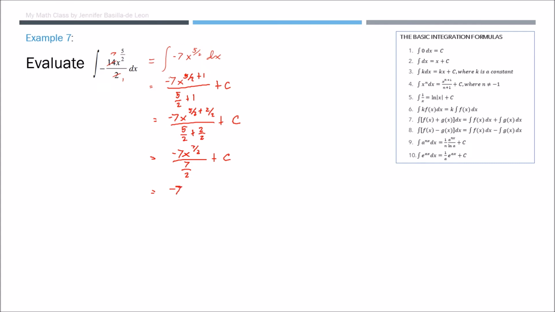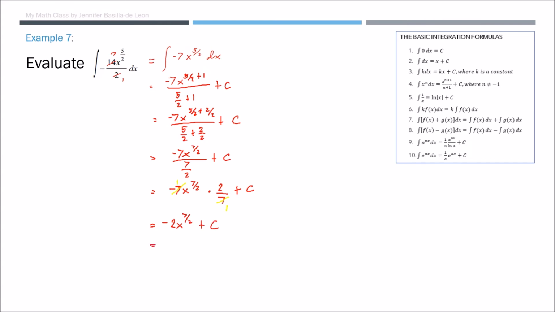Simplifying further, we will have 2 multiply and then get the reciprocal of the divisor. So then we can cancel 7. So this is 1 and this is also 1. So what remains is negative 2x raised to 7 halves plus c.